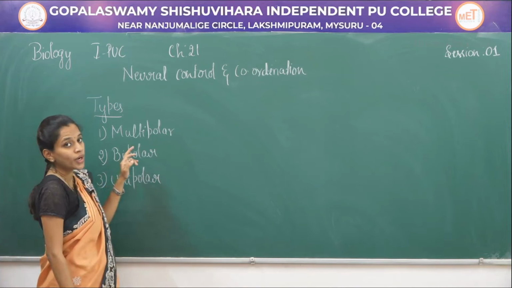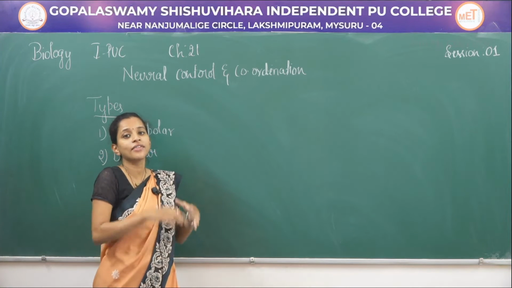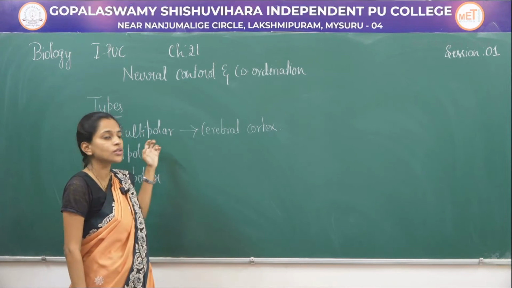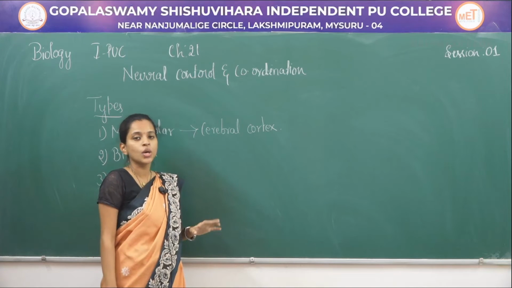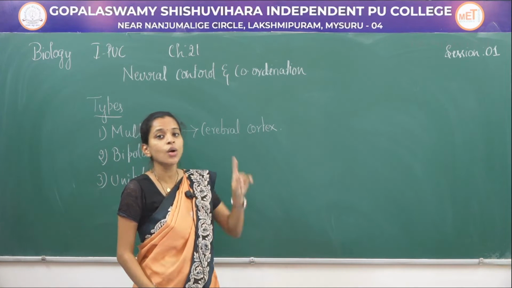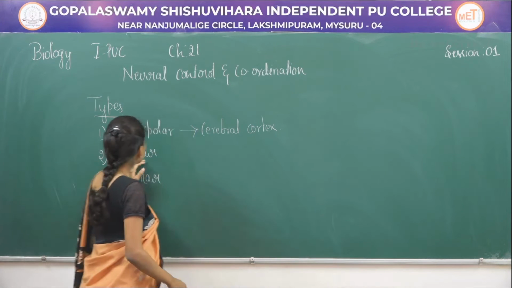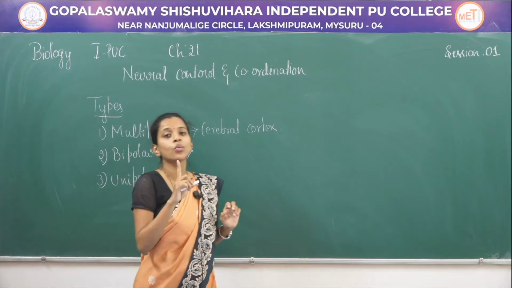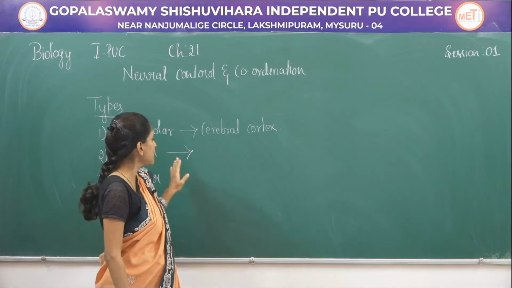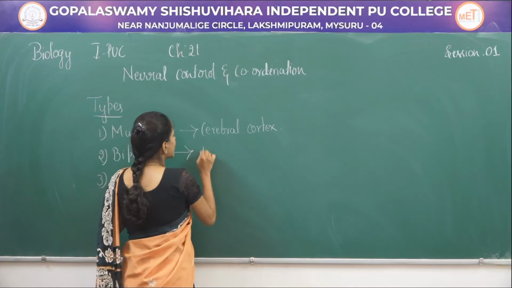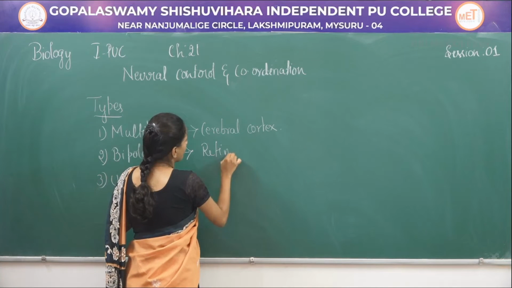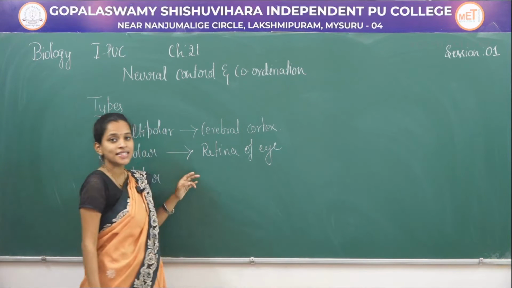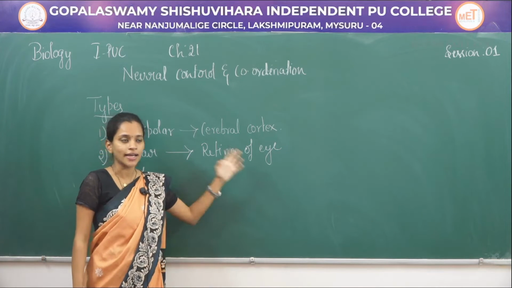A multipolar neuron has many dendrites and one axon. You can find this in the cerebral cortex of the brain. Next is the bipolar neuron, which has one dendrite and one axon, which can be seen in the retina of the eyes.